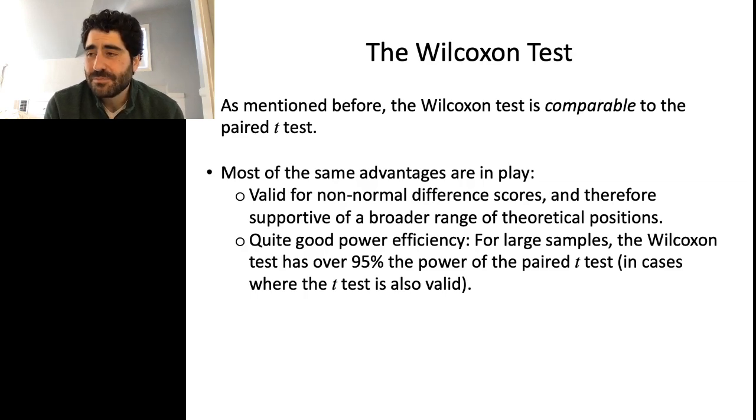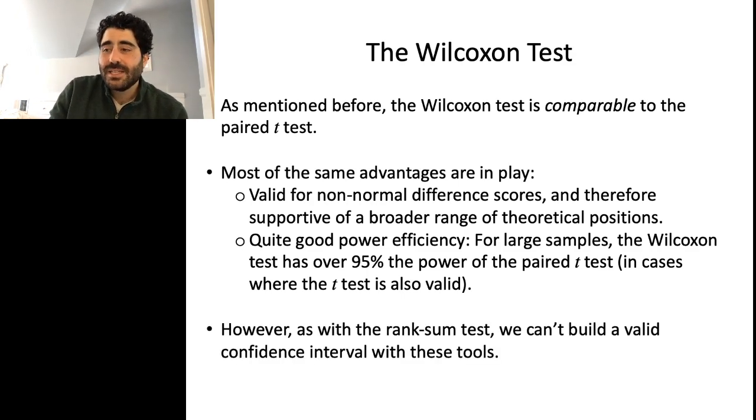Compared to the paired t-test, we usually have close to the same power. And we also have the advantage here that this is applicable in more situations than the paired t-test. So in general, the Wilcoxon test is usually almost as good or better than the paired t-test. It makes fewer assumptions, but it doesn't suffer that much on power efficiency.